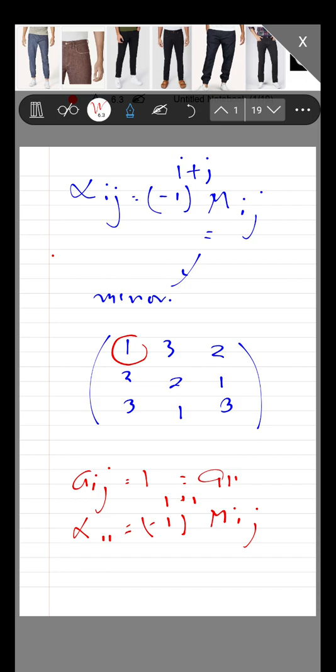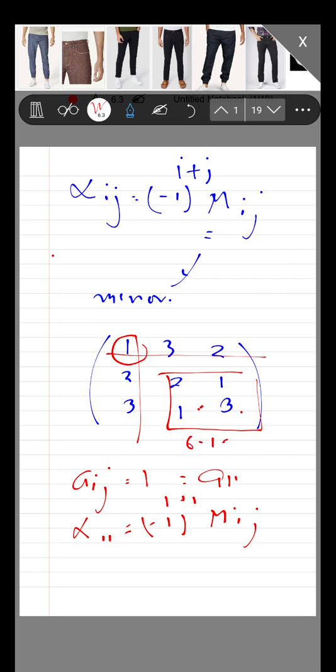Mij is when we strike off this row and column, and we take the determinant of the remaining matrix. So the determinant of this is 3 plus 2, that is 6 minus 1.